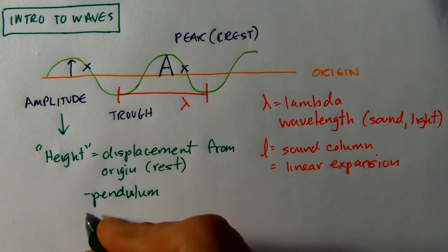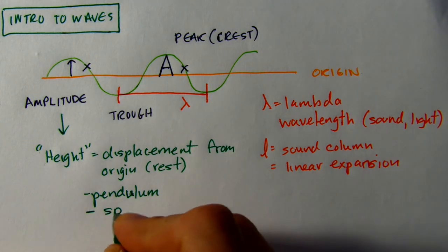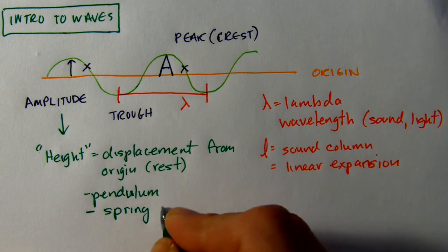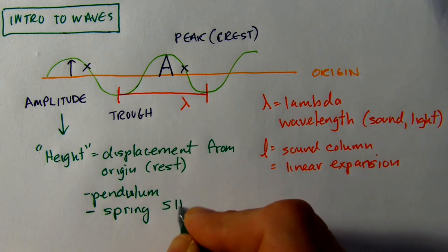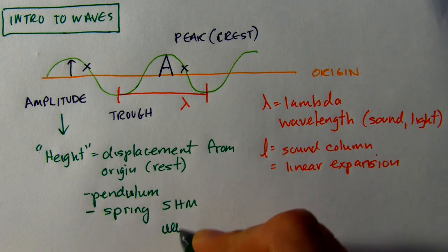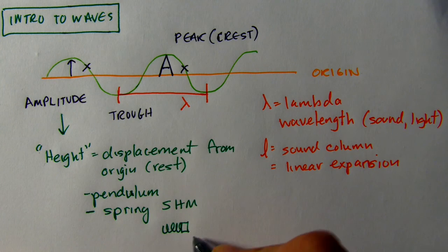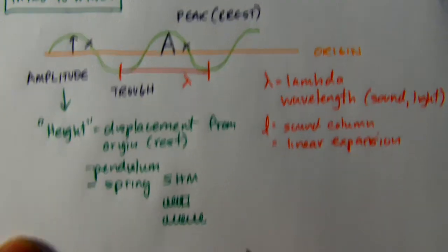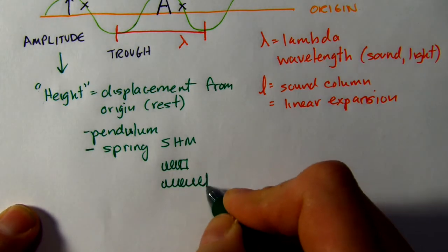Okay, and we could also talk about spring motion when we have what is called simple harmonic motion, right? So if you have a spring here with a weight, and then it opens up and stretches, right?